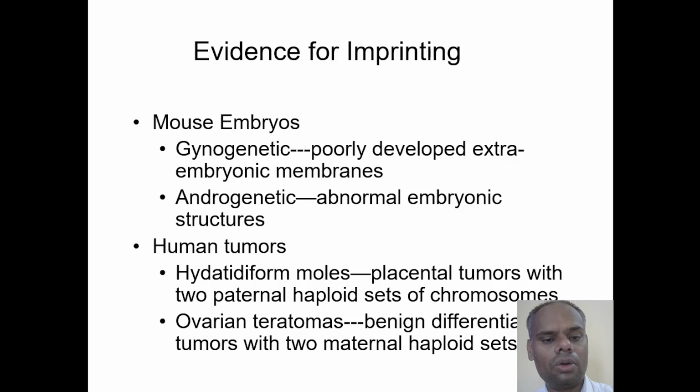Genomic imprinting can also lead to human tumors, whereas hydatidiform moles, placental tumors, can occur with two paternal haploid sets of chromosomes, and ovarian teratoma can develop as a benign differentiated tumor with two maternal haploid sets.